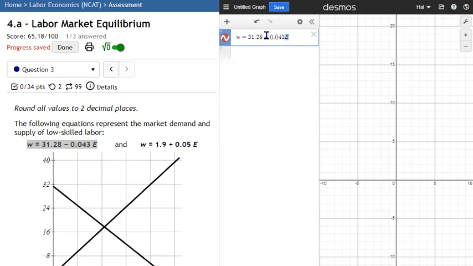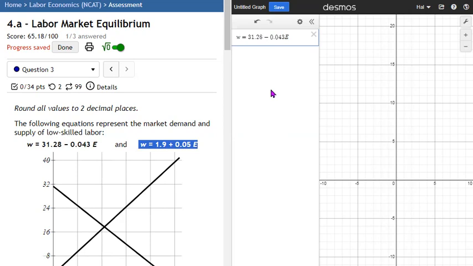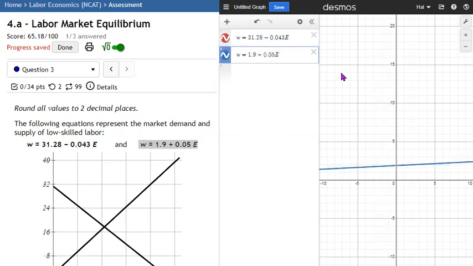That's what that negative sign means right there. And this right here is the labor supply equation, because as the wage rises more and more people enter the labor market because their reservation wages are being met, right?